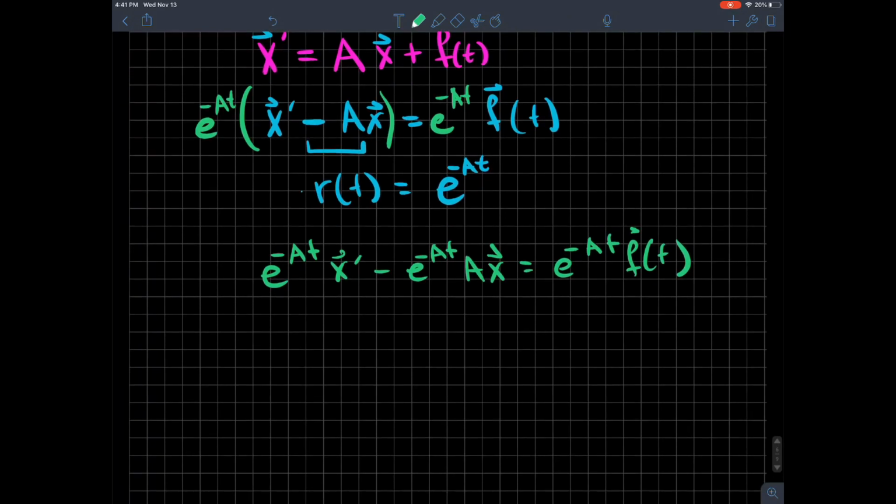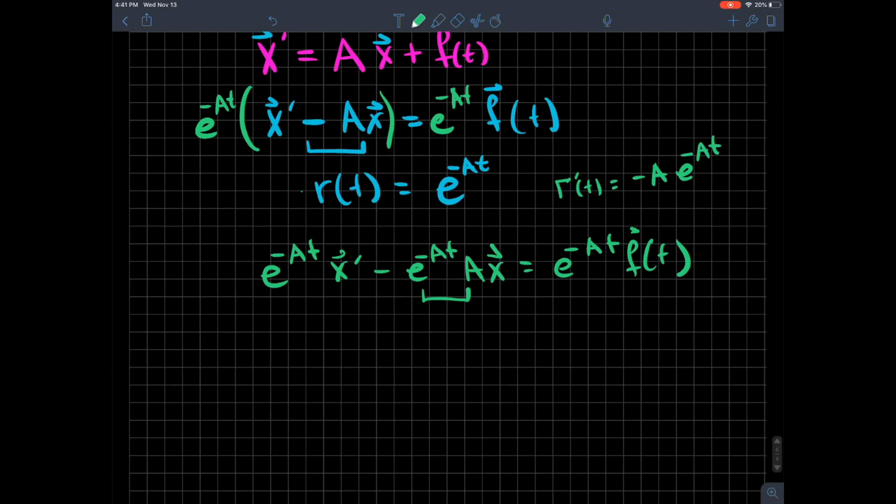Well, we would want to switch these two around. The reason for this is that the derivative of this matrix is going to be negative A e to the negative at.